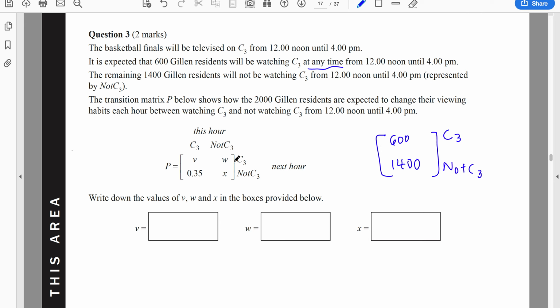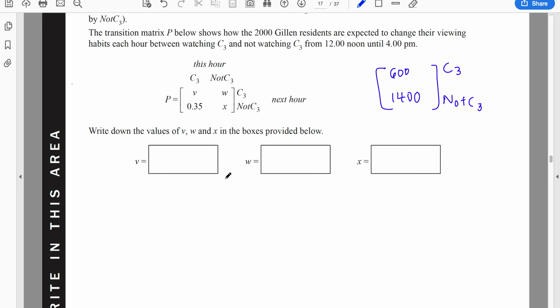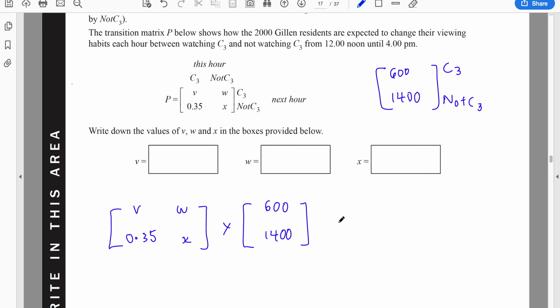Now, we're also given this transition matrix that we want to use to generate what's happening here. So in other words, if I take this transition matrix, so V, W, we've got the 0.35 and we've got X, and I multiply that by these original values that I was given, I should actually get the same values again.